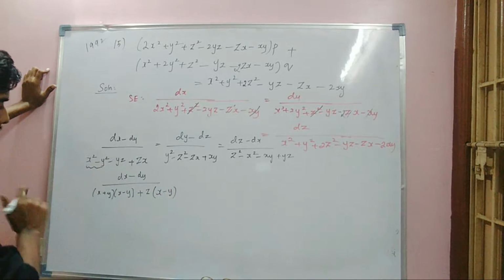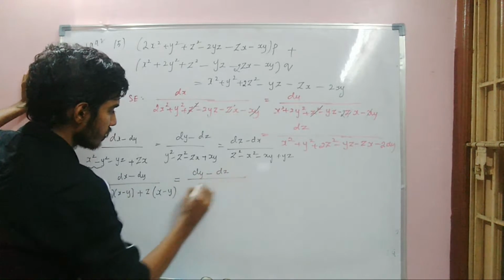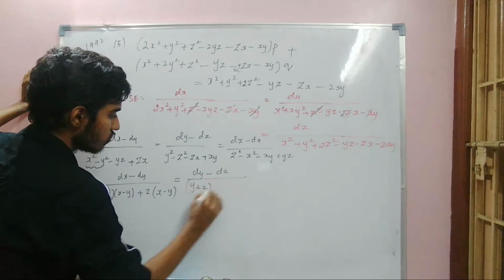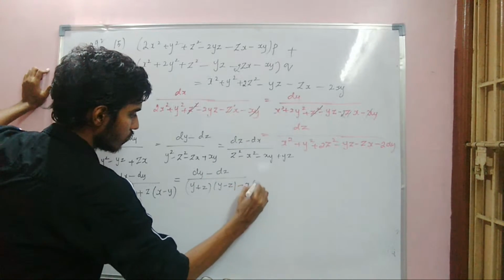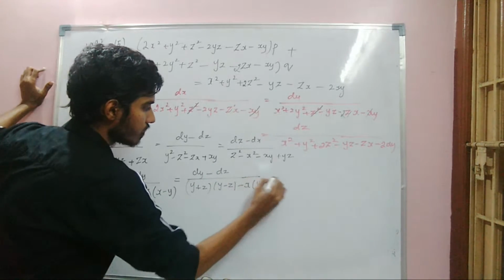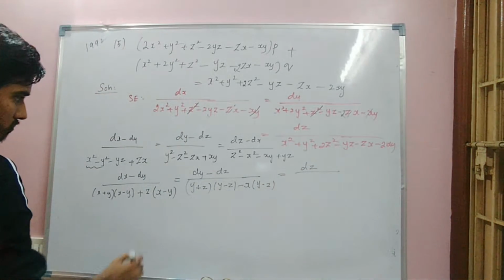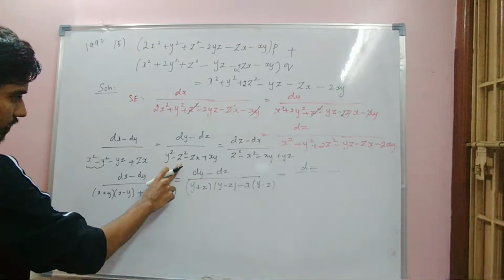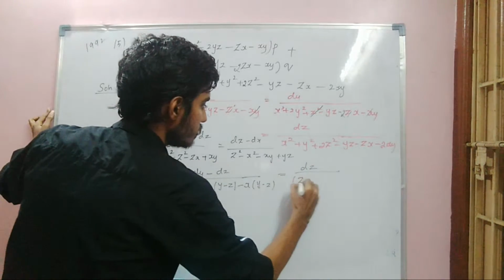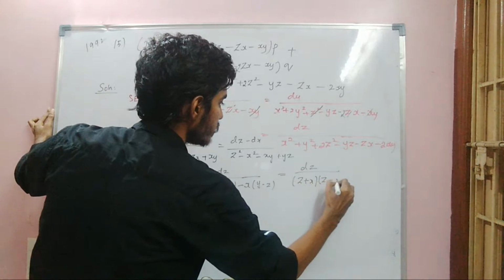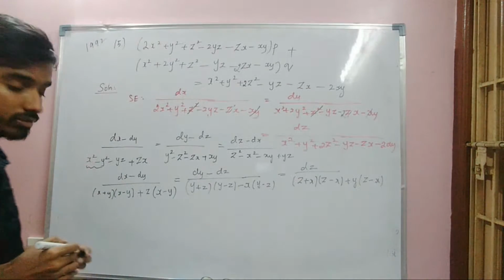Here, for dy minus dz, again y plus z into y minus z. If I take x common, we are going to have y minus z. And here you can write this as z plus x into z minus x, and if I take y common, we are going to have z minus x.